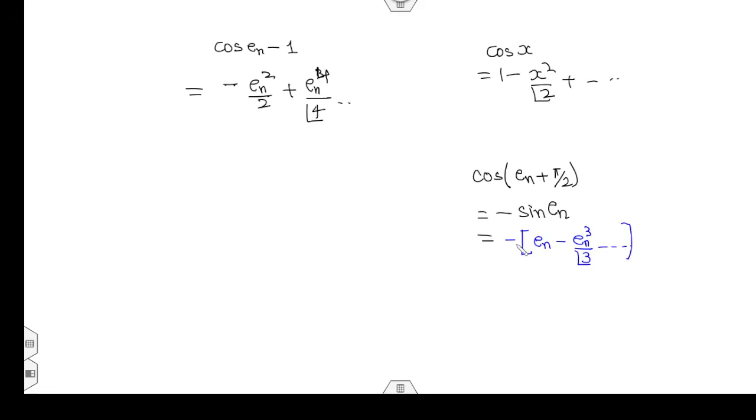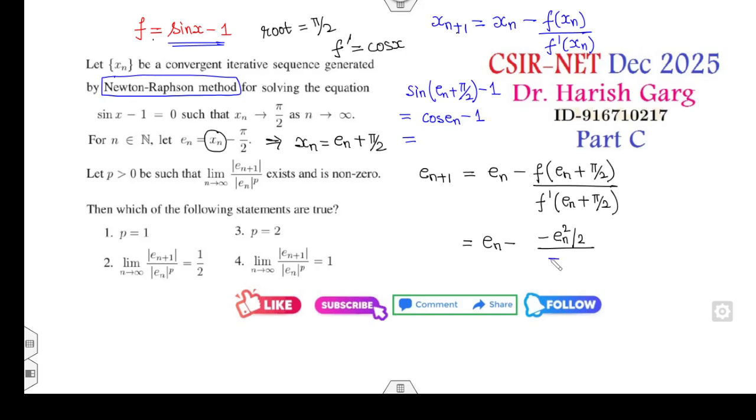I can neglect the higher power, so that number will be minus of e_n. So what will happen? This number is e_n minus e_n over 2. That will be half of e_n. Therefore, e_{n+1} is half of e_n.